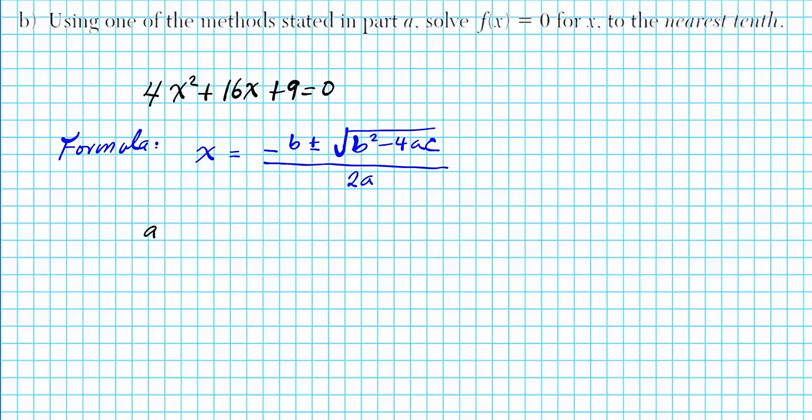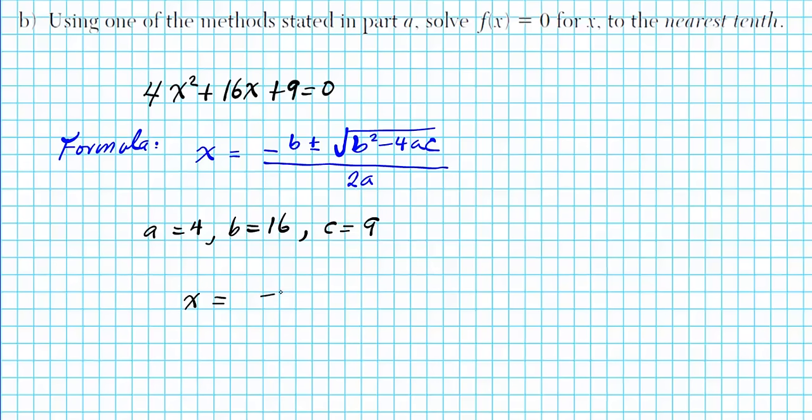Okay, so a is 4, the coefficient of x squared, b is 16, the coefficient of x, and c is positive 9. All right, so let's proceed to solve it. So x equals, now if any of these terms are negative, then you definitely want to use parentheses when carrying out the substitution. We don't have any negatives here, so we're fine.